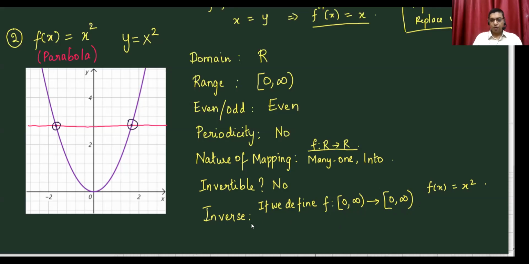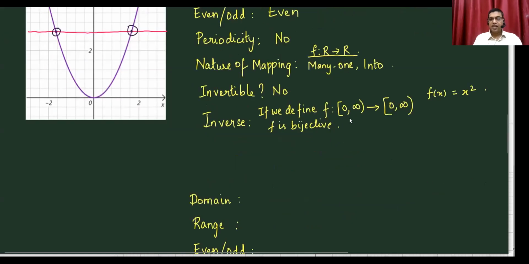For the inverse to exist, f is bijective only in this case. This is called a restricted definition. We restrict the domain and the codomain.